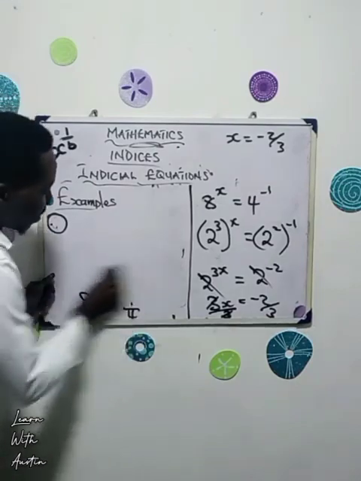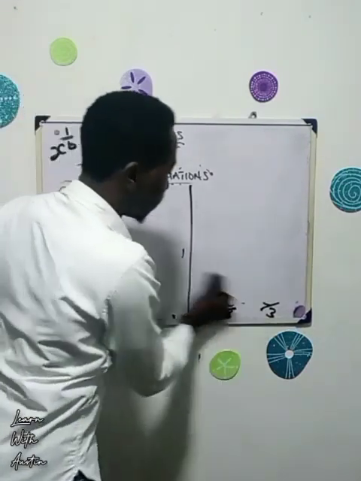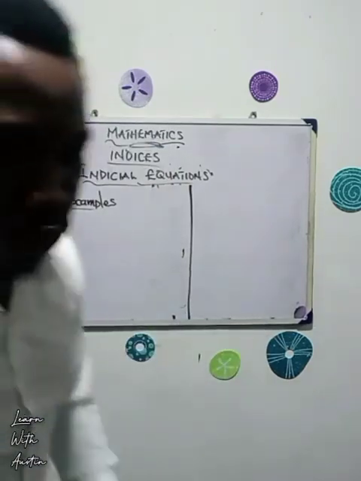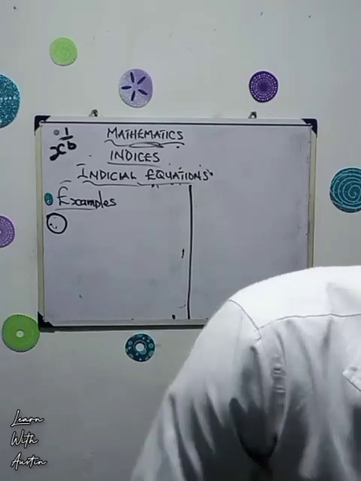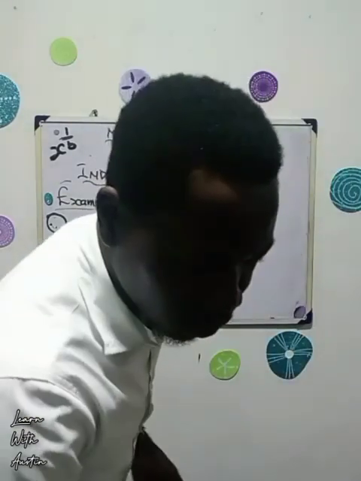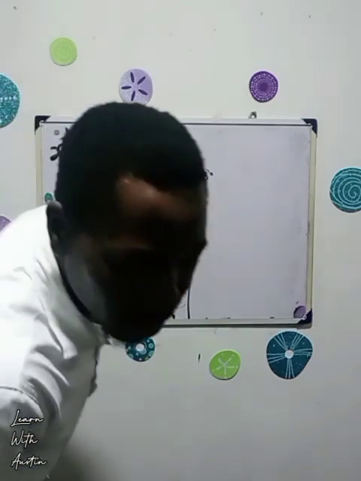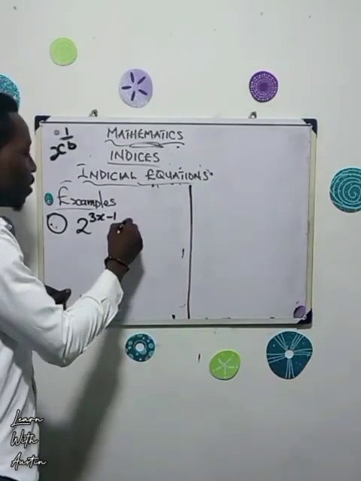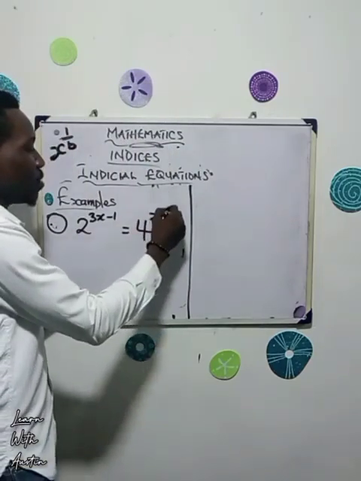Question 2 says: 2 raised to the power of 3x minus 1 equals 4 raised to the power of x plus 3. All right, let's solve this one.